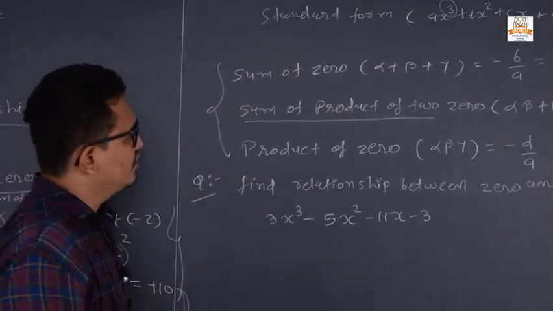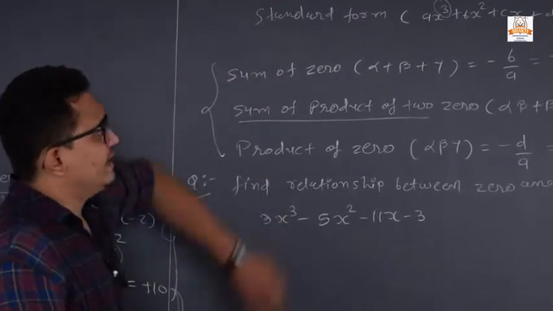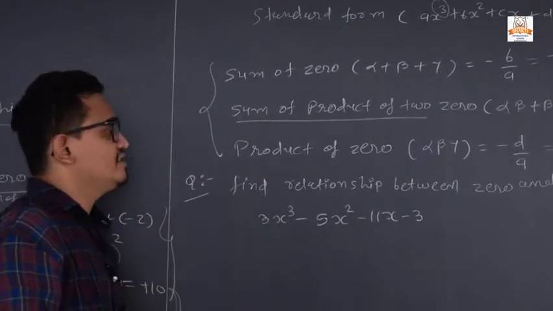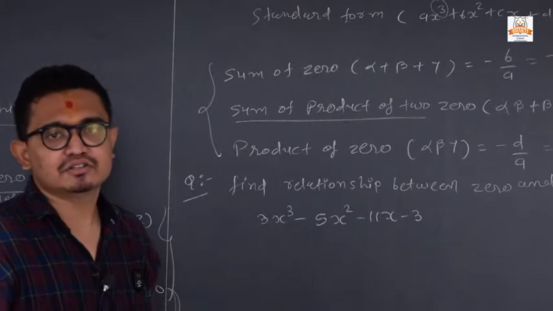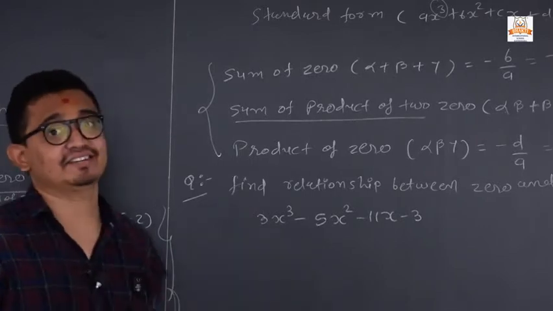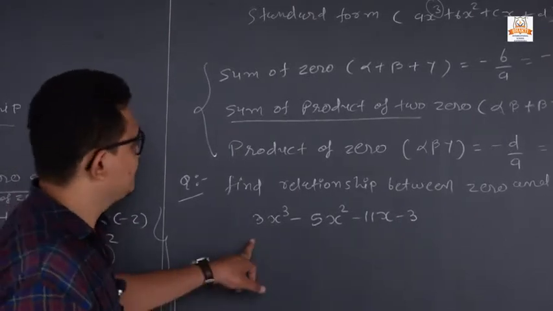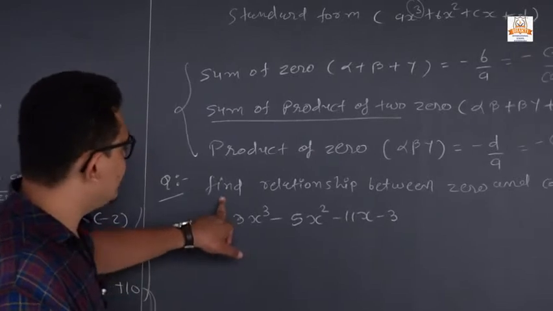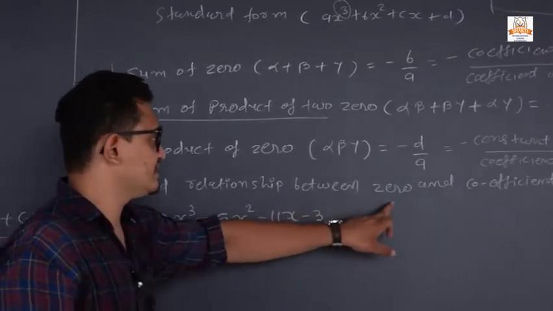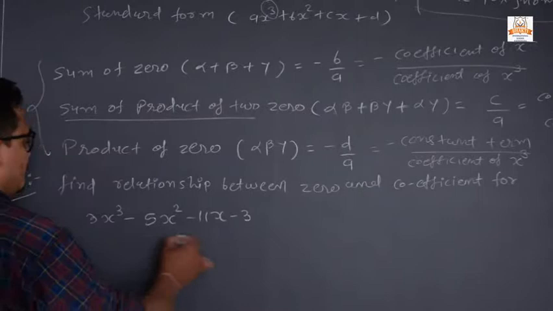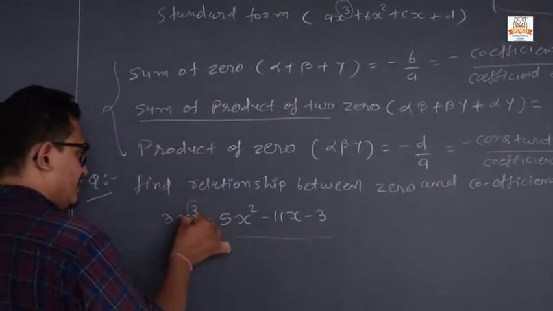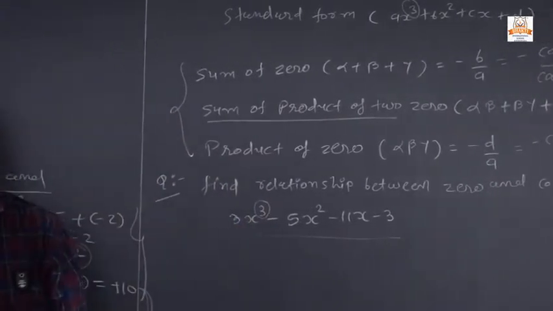Now, for understanding that, we are taking one example, so you can see how to use these formulas in our question. Here they are asking to find the relationship between zeros and coefficients for that polynomial. Here we can see it is cubic because the maximum degree is 3.